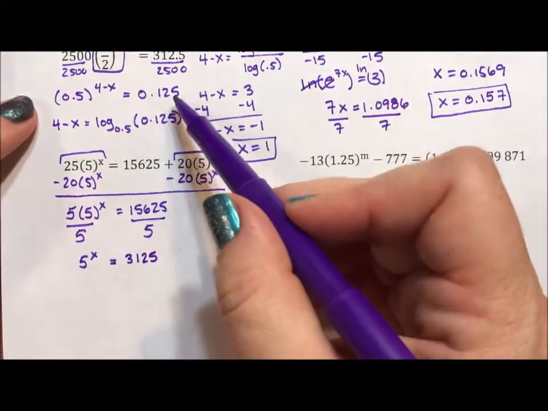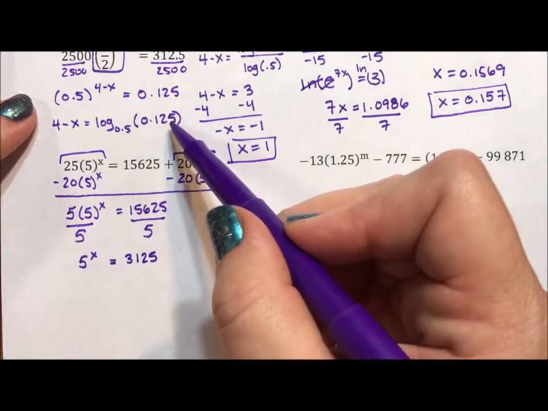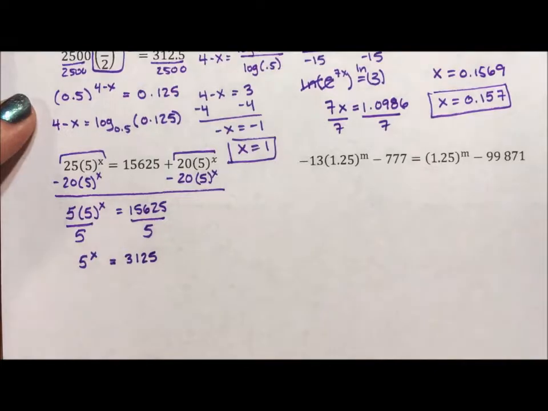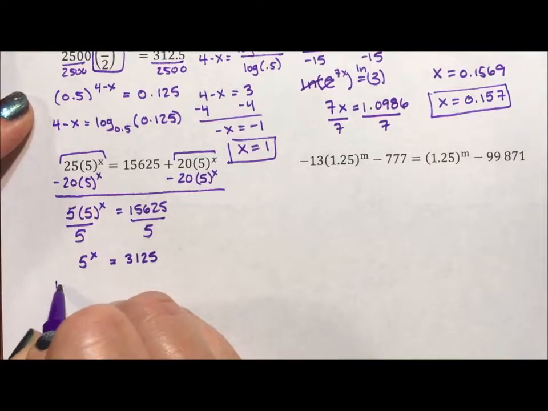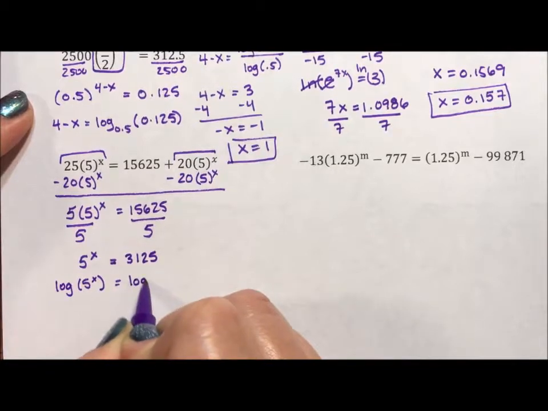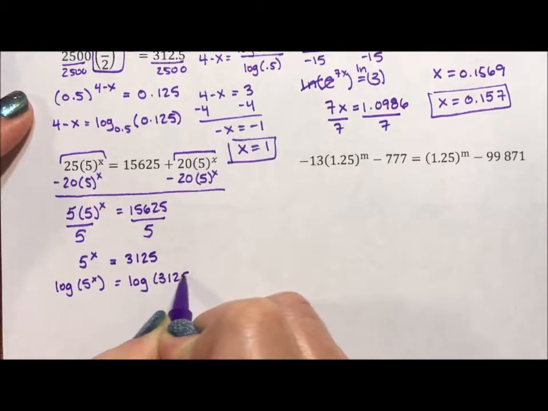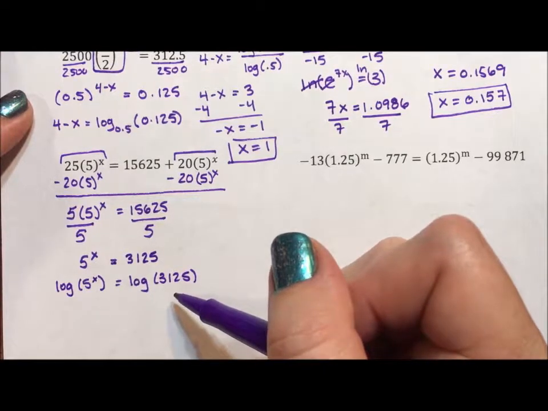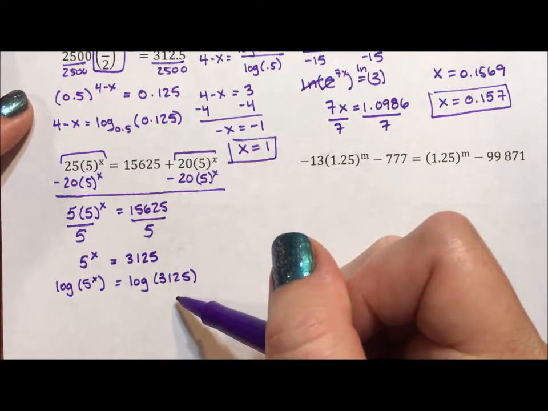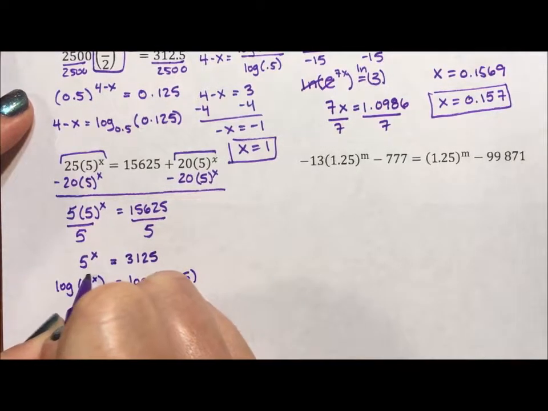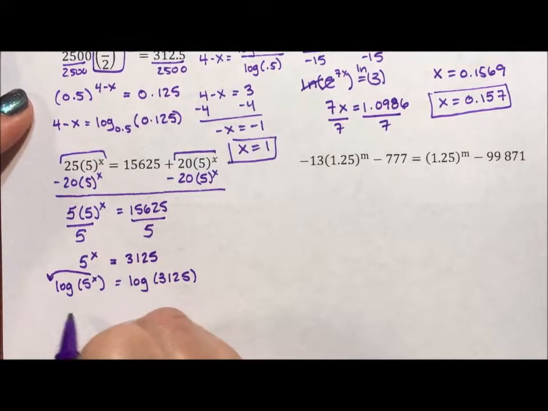So up here, what I did was I rewrote it logarithmically. I'm going to show you another approach where instead of rewriting it logarithmically, I'm going to take the log of both sides. I'm going to take the log of 5 to the x. I'm going to take the log of 3125. As long as you do the same thing to both sides of the equation, you maintain a balanced equation. Logs are exponents, which means the power rule says this x can come out front.